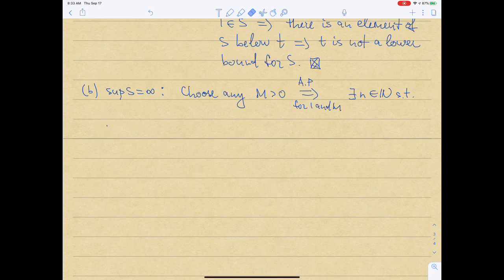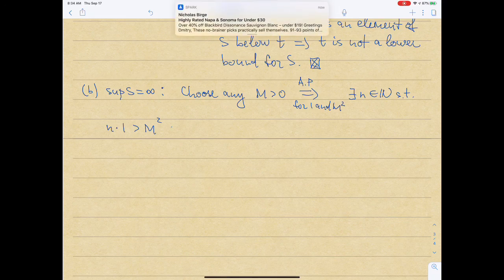I'm going to use Archimedean property not for 1 and m, but for 1 and m squared. So in that case, still, there exists an n such that n times 1 is bigger than m squared, right? Because I can use Archimedean property for any two positive numbers.